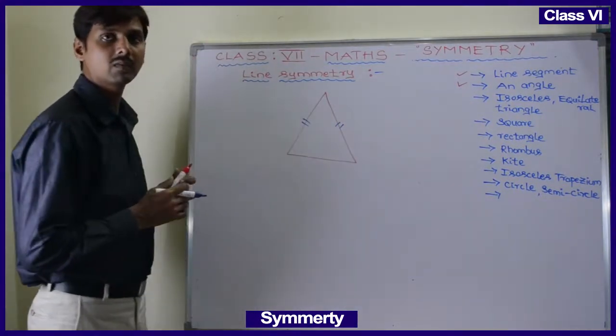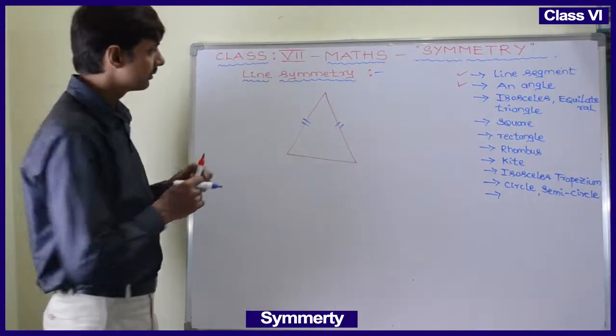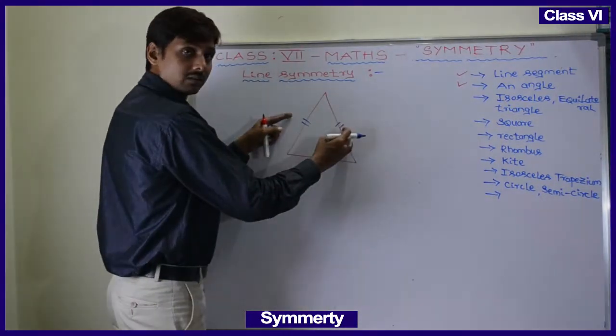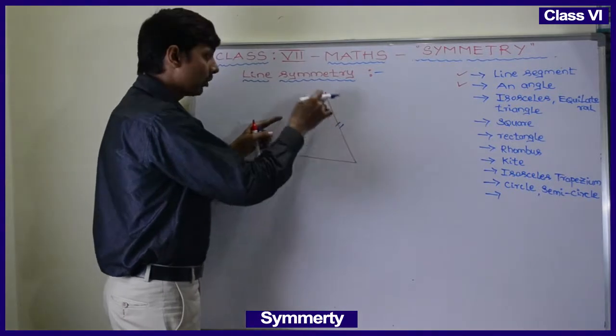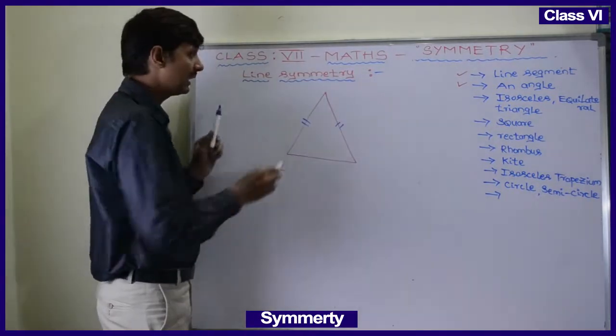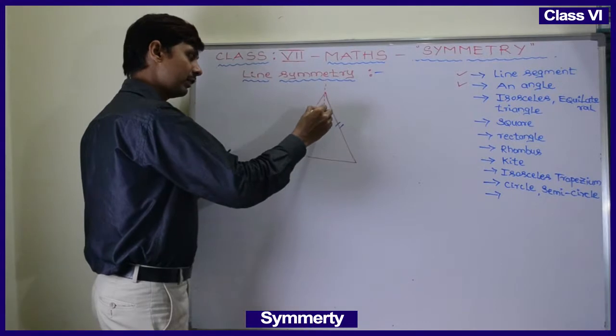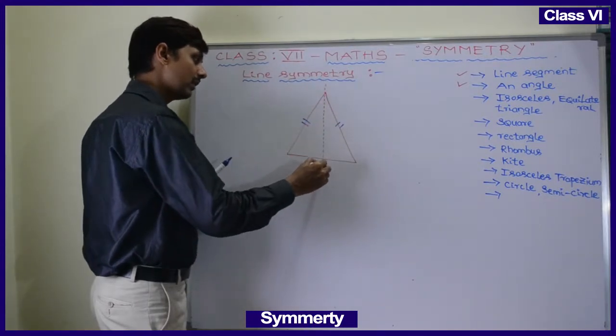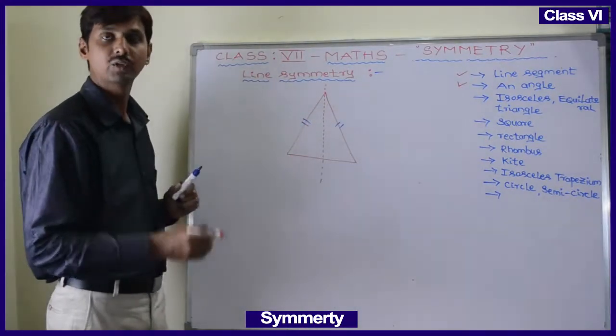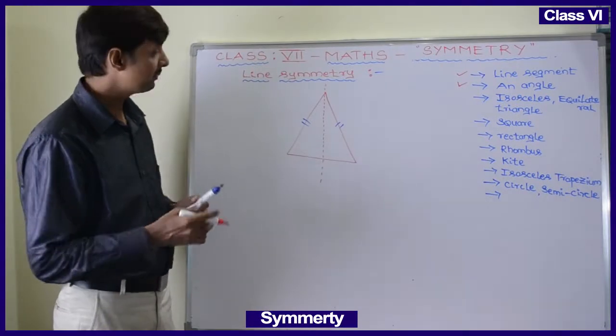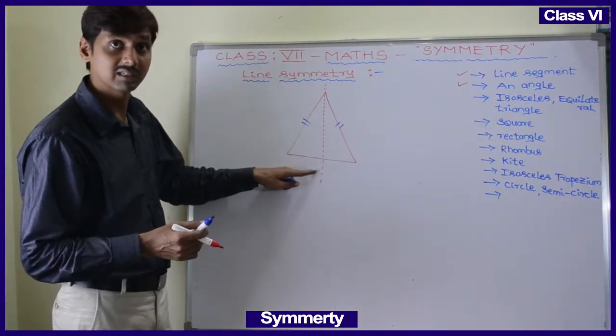From the vertex between the two equal sides, we draw a line which is perpendicular to the opposite side. We draw a perpendicular line towards the third side.